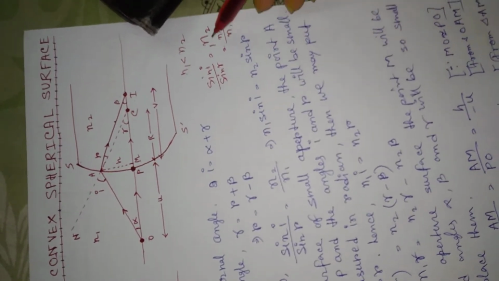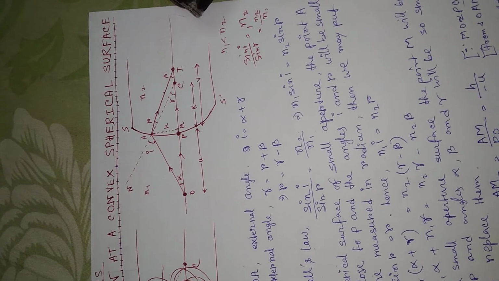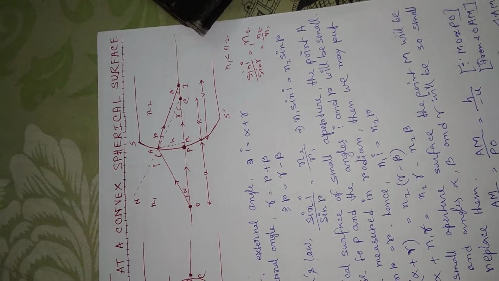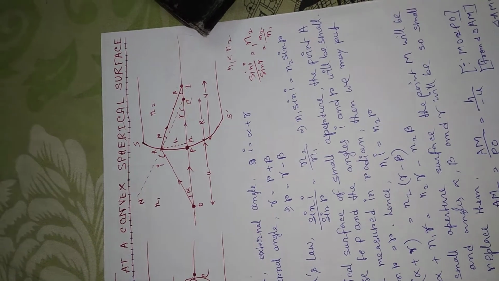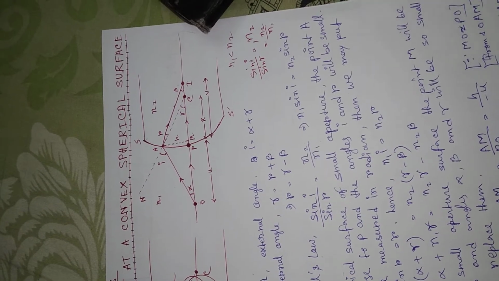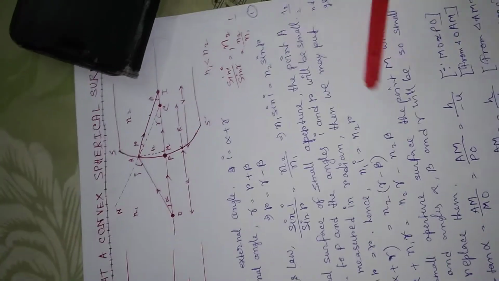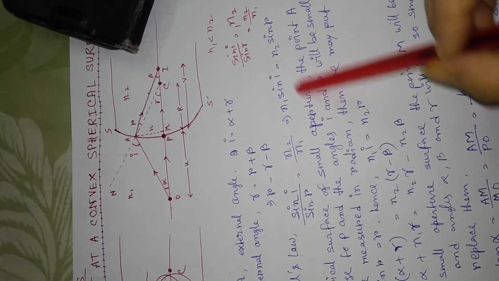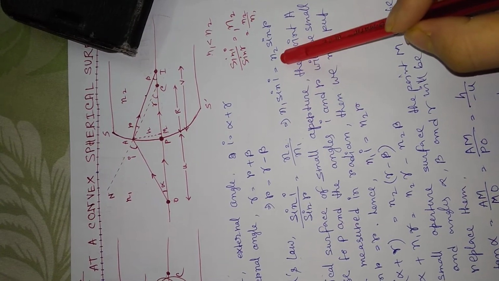What is n21? n21 represents the refractive index of the second medium with respect to the first medium, which equals the absolute refractive index of the second medium divided by the absolute refractive index of the first medium. So cross multiplying, n1 sin i equals n2 sin r.